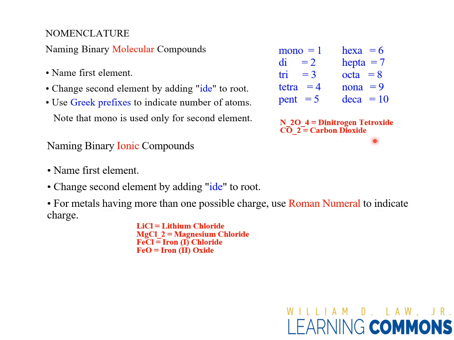If you see this, the other element, nitrogen tetraoxide. Here I have two nitrogen, so I have to add di, because they have two elements: dinitrogen.